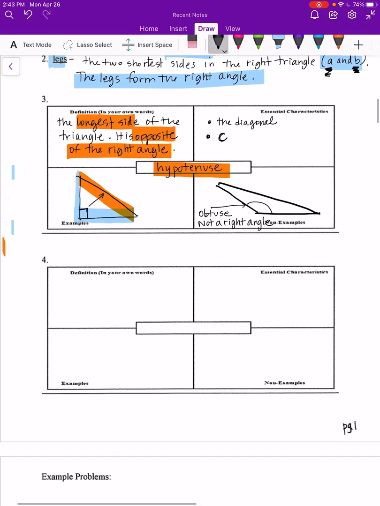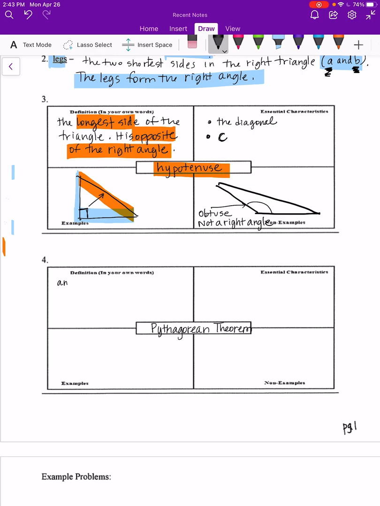All right, so that brings us to the big to-do. The whole entire chapter is built on the Pythagorean theorem. So that's our next definition, Pythagorean theorem.